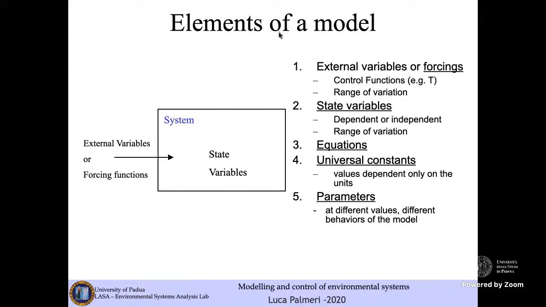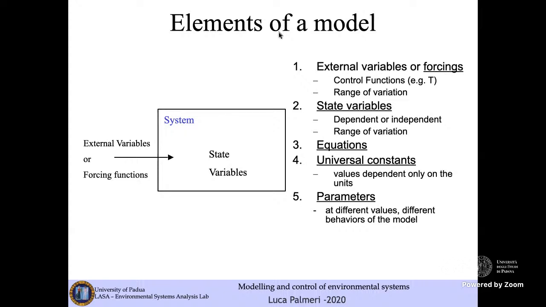The third element is that of equations, and we will go into detail about what we mean by equations. Generally, these are differential equations of various flavors. And it is important to know that equations link external variables to state variables through what?